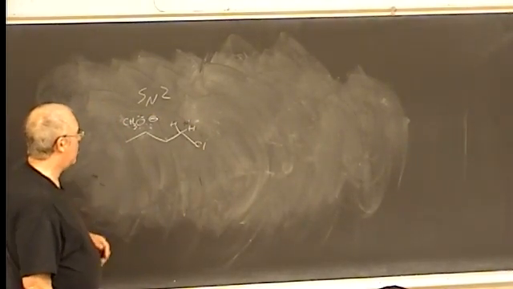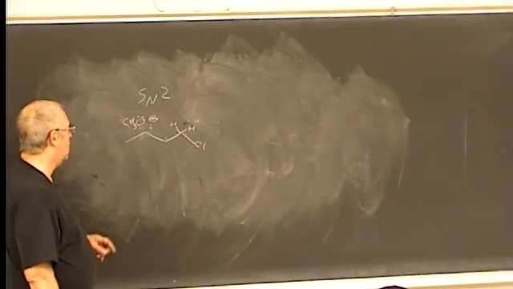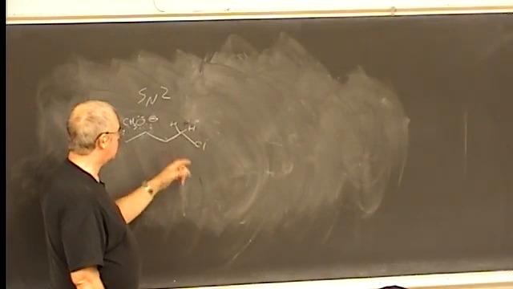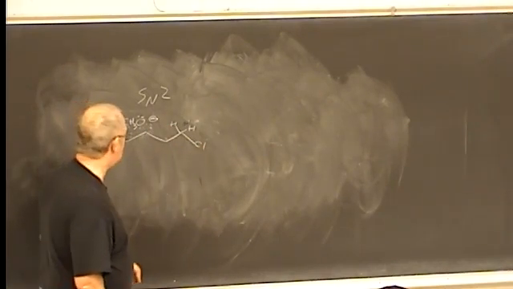Here we have a primary alkyl halide. We have a strong base, strong nucleophile. This is what's called the substrate. Chloride is the leaving group.